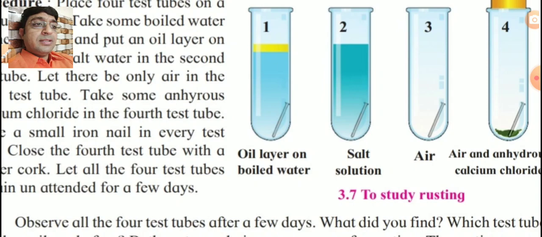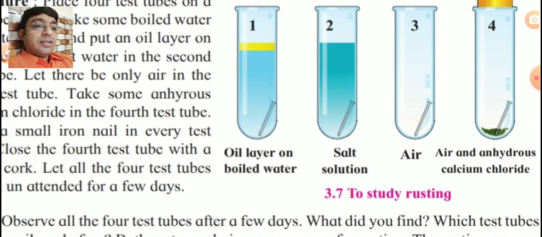Then second place, test tube number 3, because air and some moisture present in the air are available for the third test tube. That's why that nail is also rusted. But in the case of test tubes number 1 and 4, rusting of iron does not take place. Why? Because of the oil layer on boiled water, oxygen is not available for that nail.